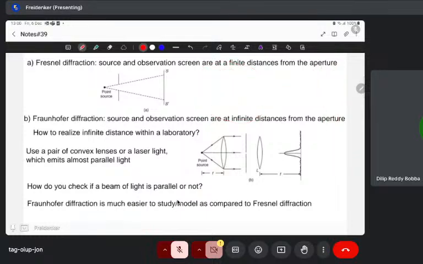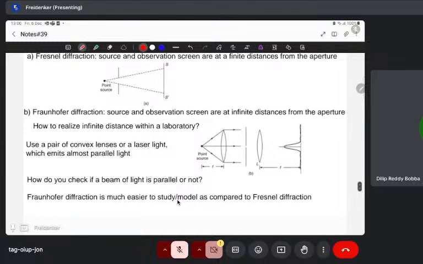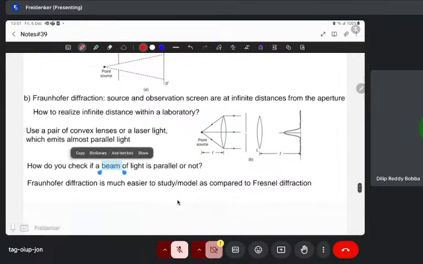But that's impractical, right? You wouldn't place a light 100 kilometers away and wait until it becomes almost straight. So you use a lens. That's easier.